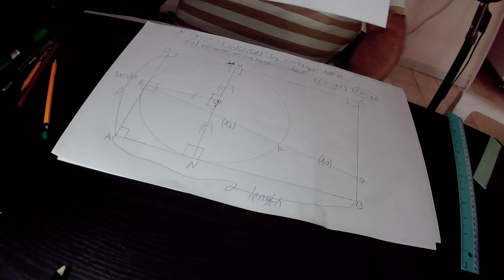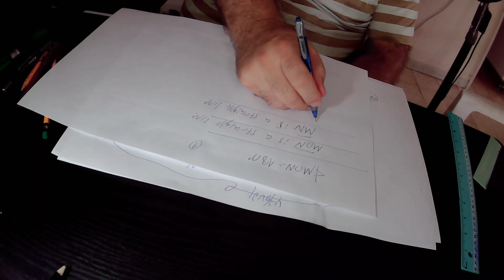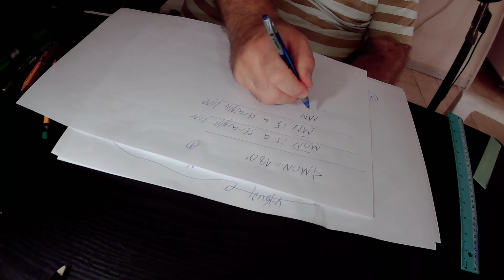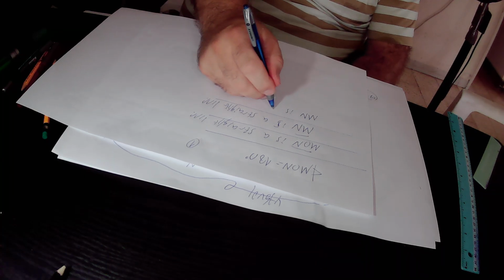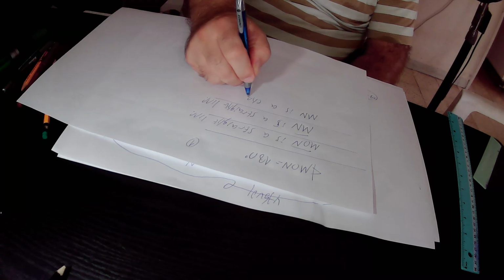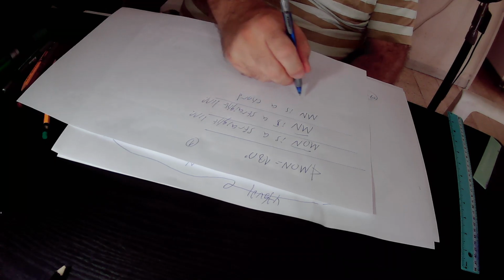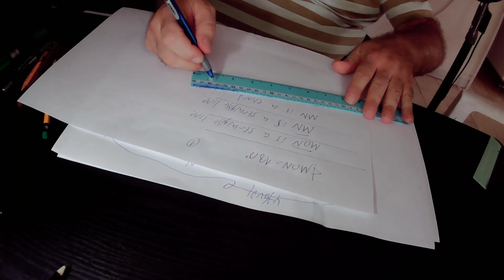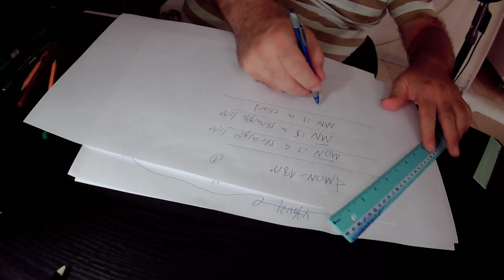Okay, so MN is a chord that passes through the center of the circle.